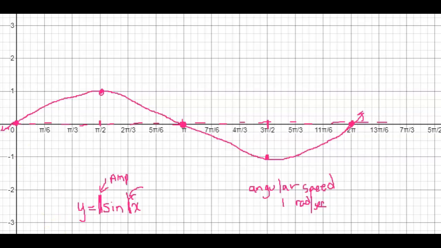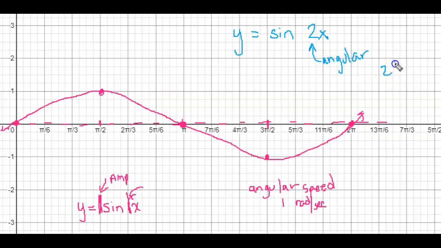So what happens if we graph a sine function where we're going faster? Let's look at y equals sine of 2x. What happens if I'm going 2 radians per second instead of 1 radian per second? Remember, this is my angular speed.